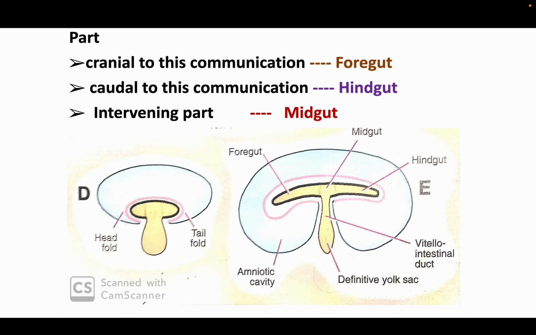How the different foldings happen, how the gut is enclosed, which portion is the foregut, which is the midgut, which is the hindgut, and what are the different arteries of these three guts. For the foregut it is the celiac artery, for the midgut it is the superior mesenteric artery, and for the hindgut it is the inferior mesenteric artery. So this is the basic knowledge.